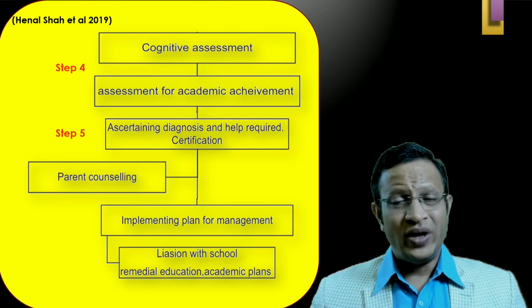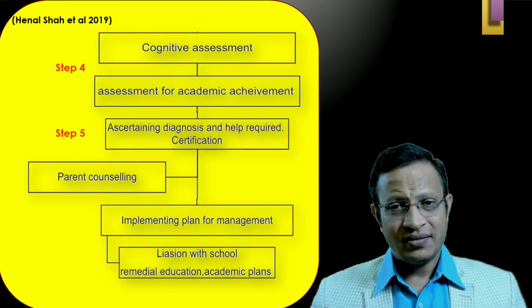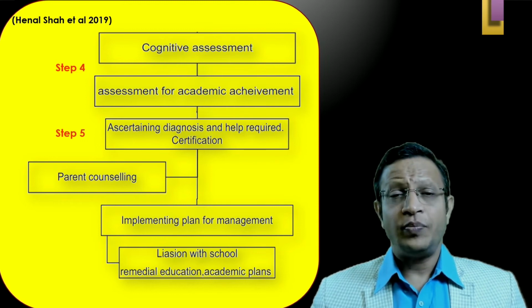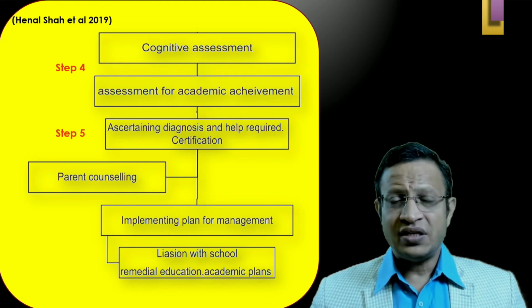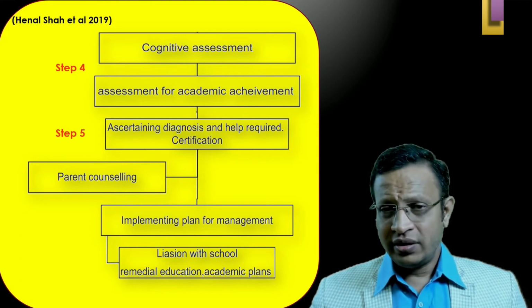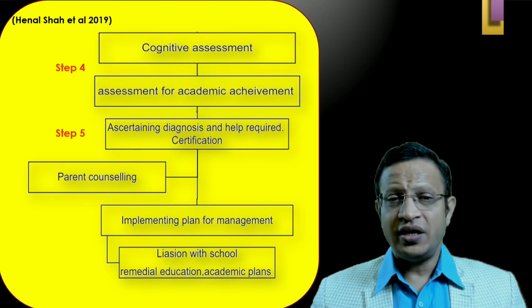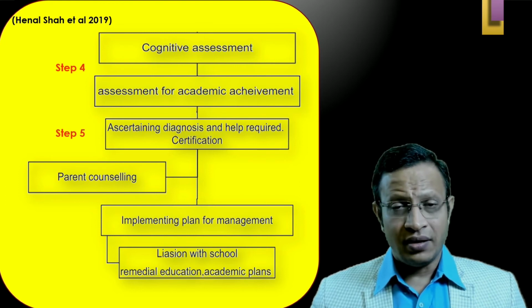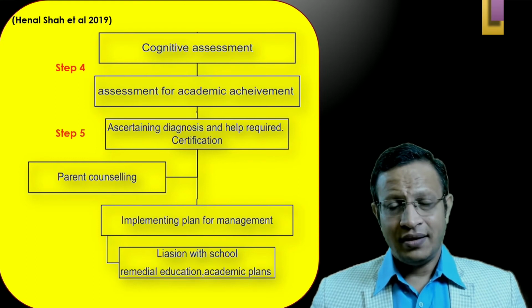Once you have done the assessment, again, you need to sit with the parents, counsel the parents, prepare a report, send the report to the teacher, and communicate with the teacher if possible, especially if the school campus has a very good psychologist and special educators. So, implementation of management can be done at the school level first and next at the home.